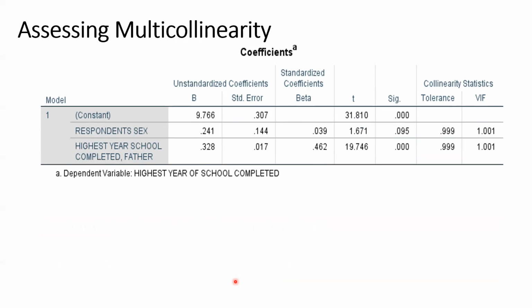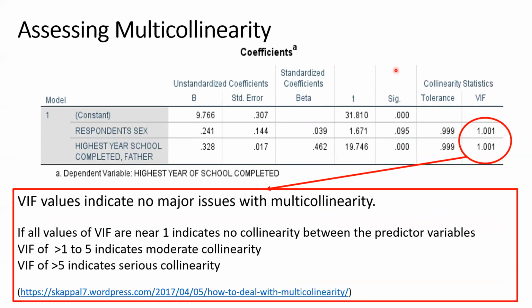So assessing multicollinearity, these tolerance statistics in this piece of the table, the value 1.001 indicates that there is no major issue with multicollinearity. I found a guideline from Scopel on how to interpret the VIF values.